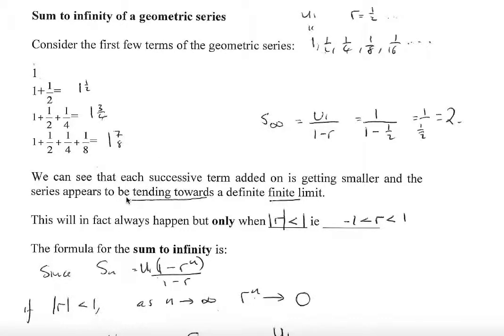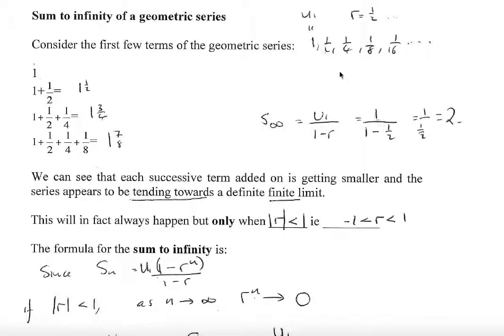So what's happening is the total, or in other words, the sum of this series, is tending towards a finite limit, a fixed limit. And in this case, that fixed limit is 2. The formula, which we'll see in a minute, is that the sum to infinity of a series is the first term divided by 1 minus the common ratio.